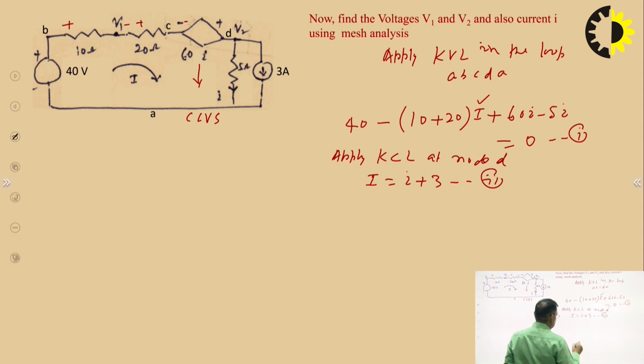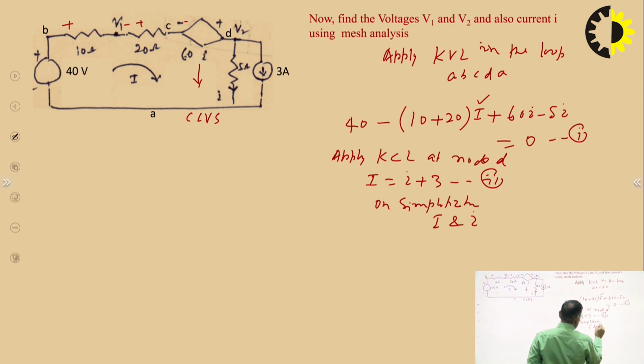So on simplification we can get I and small i. Now in the question you have to find V1 and V2. How can you get V1? V1 is basically this potential.